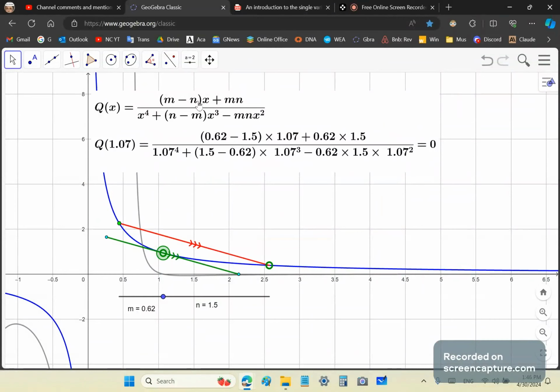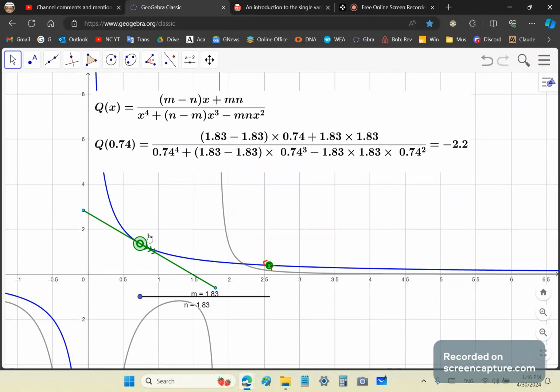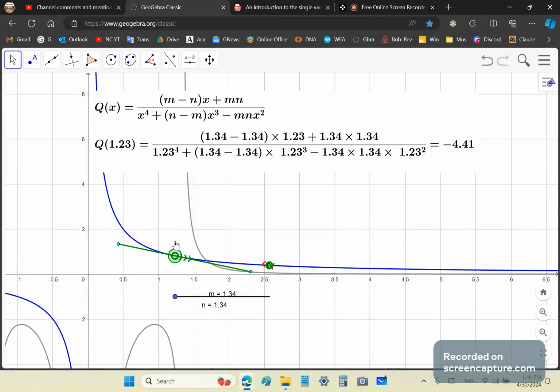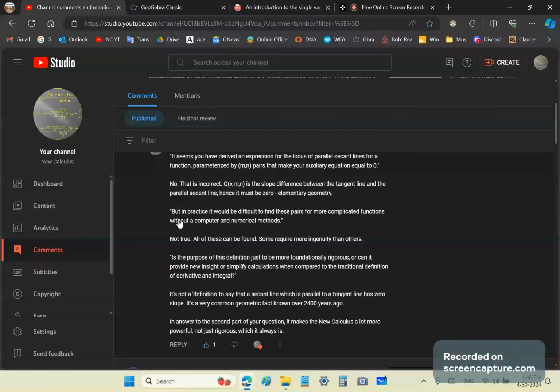So for example, 0 minus 0 is 0 plus 0. 0 over anything is 0, isn't it? So I mean, you know, the idiot mainstream mathematics academics, they don't see these things. They just think they know better.